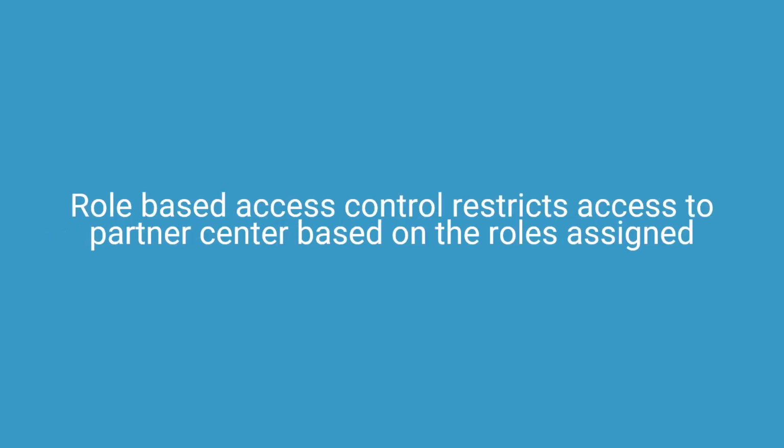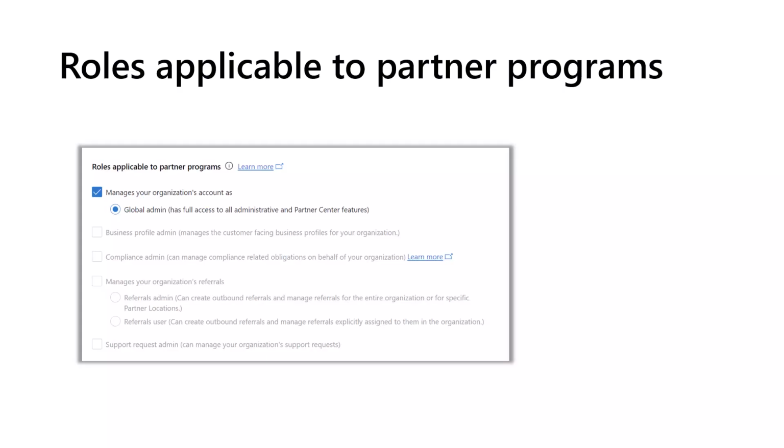Now, role-based access control is a way to restrict access to Partner Center based on the roles assigned to a person. Using this definition, we have two types of roles, namely roles applicable to partner programs and roles applicable to developer programs. Let's see what they are. When you're configuring user access on Partner Center, you may have seen something like this.